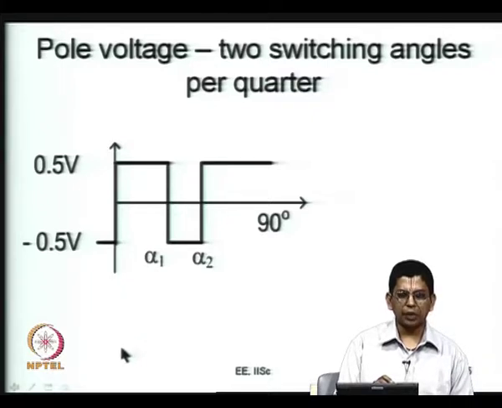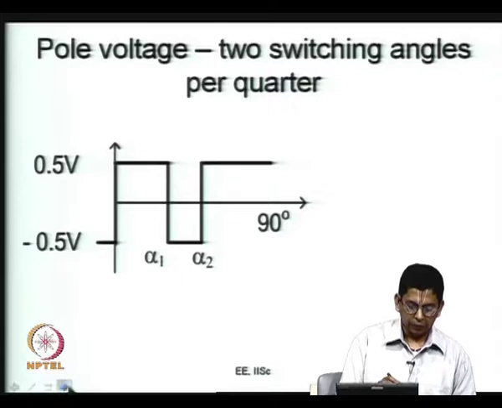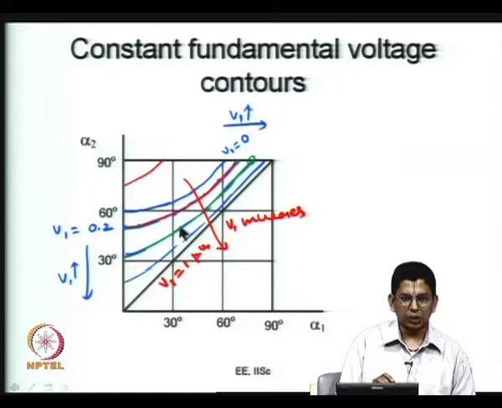We have been trying to understand how the fundamental and the harmonic voltages are related to switching angles, so that we can achieve the necessary fundamental voltage and at the same time mitigate the harmonics and their ill effects. We were looking at how the fundamental voltages vary.